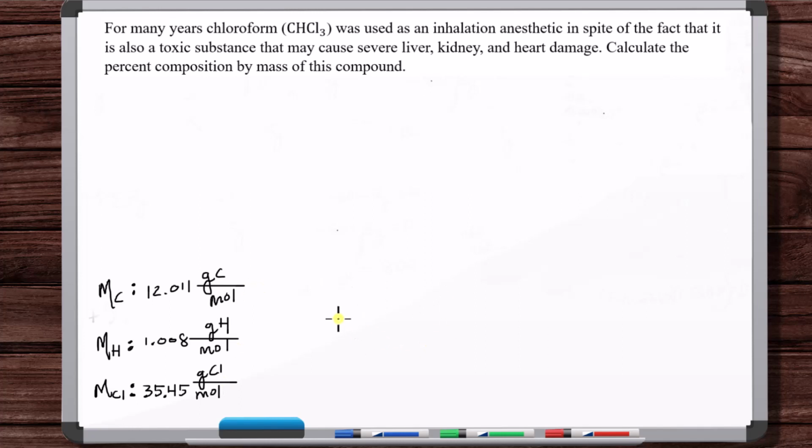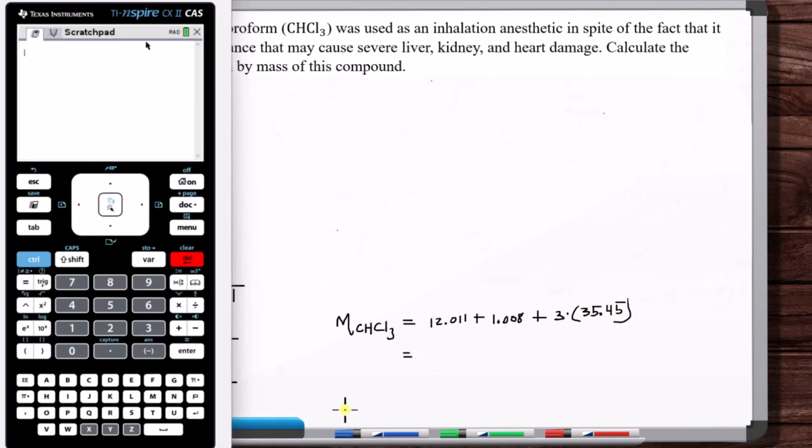Okay, and then the molar mass of CHCl3 is 12.011 plus 1.008 plus 3 times 35.45.